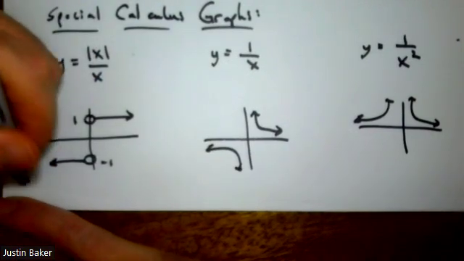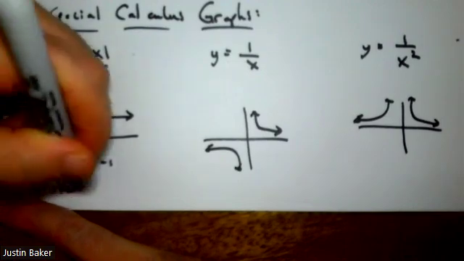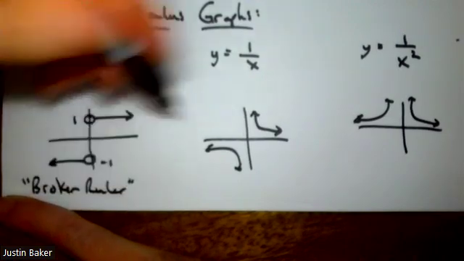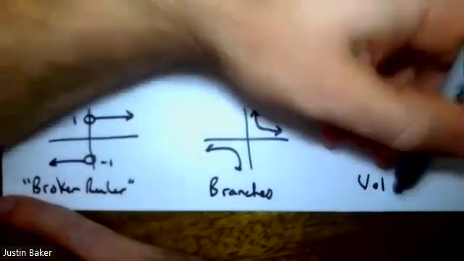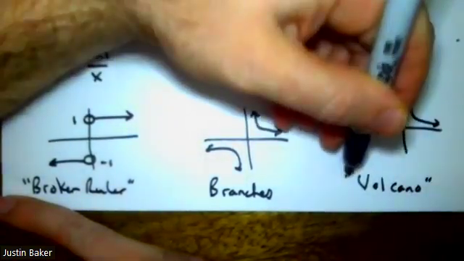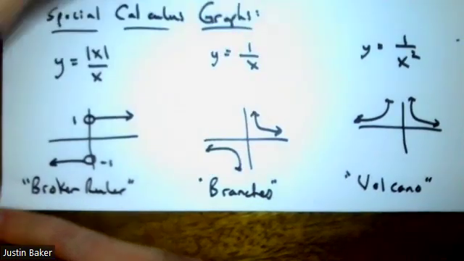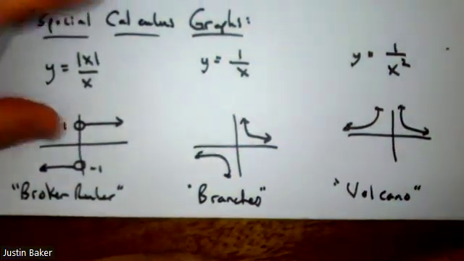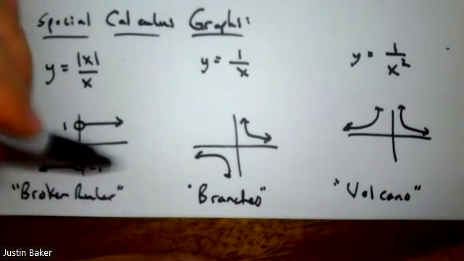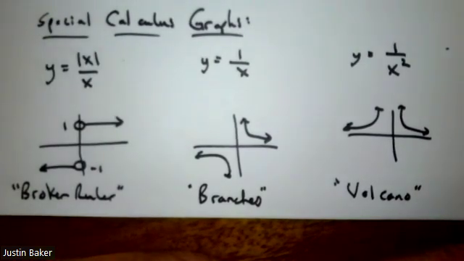And we refer to these as the broken ruler, the branches, and the volcano, just for the sake of having something to call it. Just like if I say parabola, that should signal a shape in your mind. So just in terms of our class, if you hear us say these words, hopefully it kind of triggers this graph for you. So feel free to pause this video, kind of copy these down.